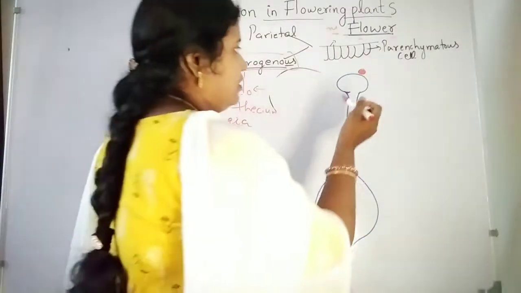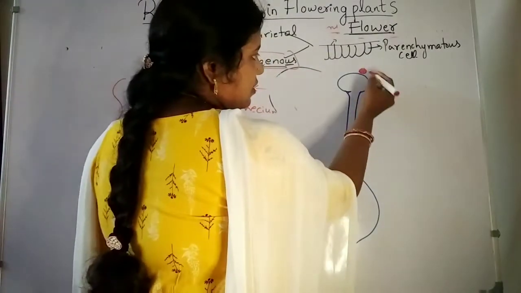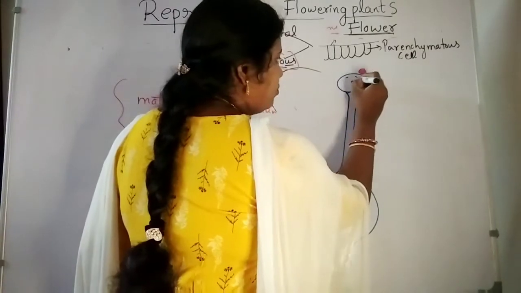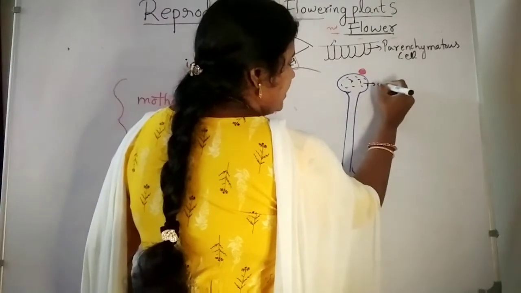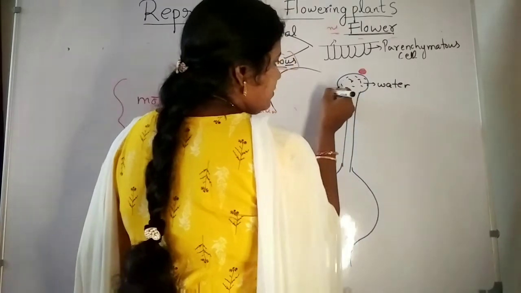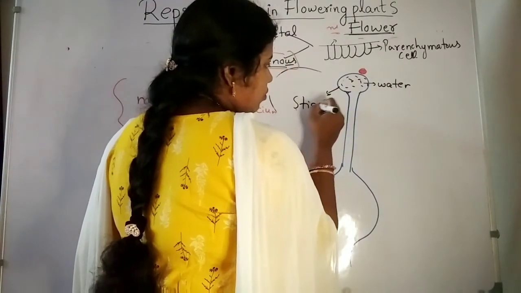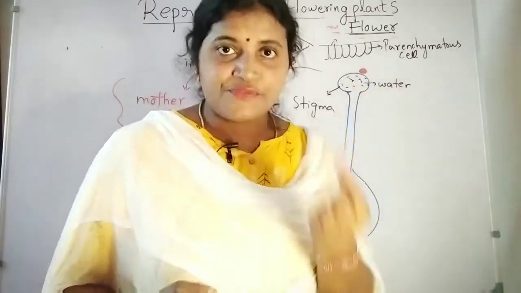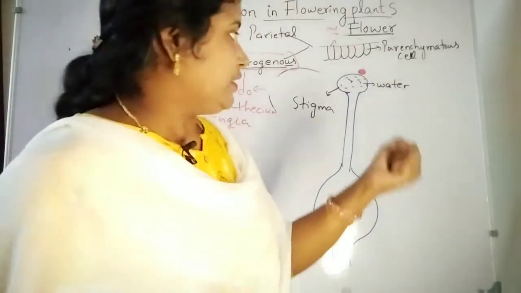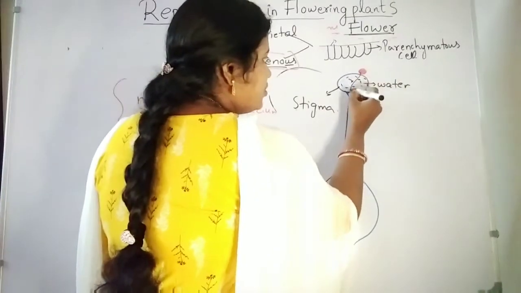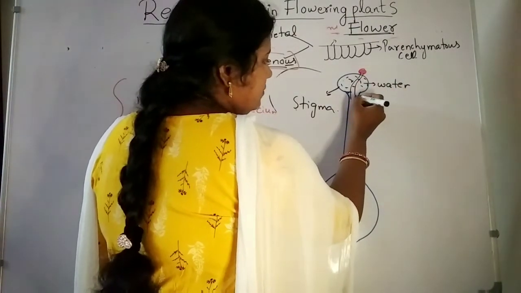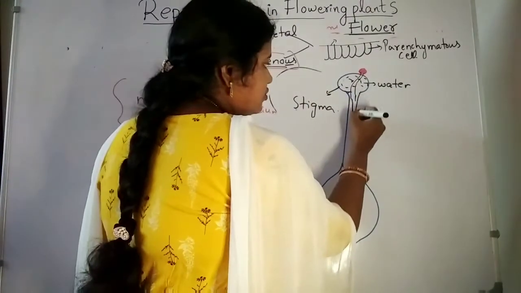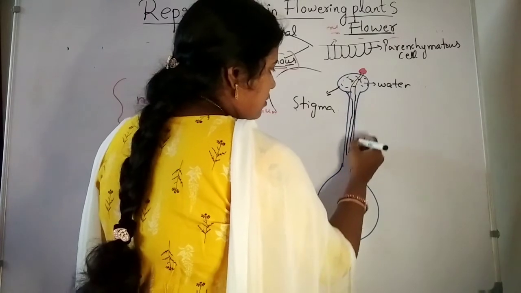After reaching the stigma, the stigma which contains water, the pollen is going to absorb that water, and it is forming a passage. This passage is also known as the pollen tube.